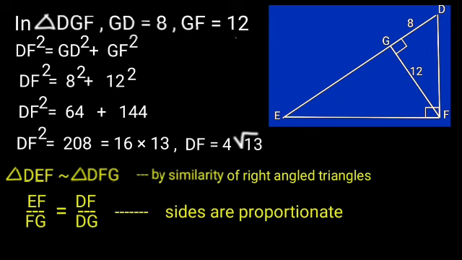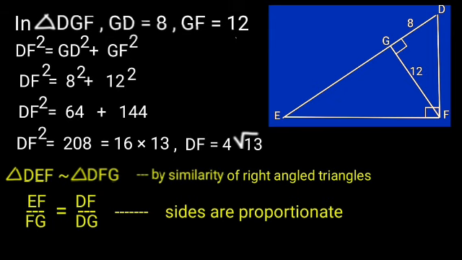In this triangle, two sides are given. Hence, by Pythagoras theorem, we can find the hypotenuse, that is DF.